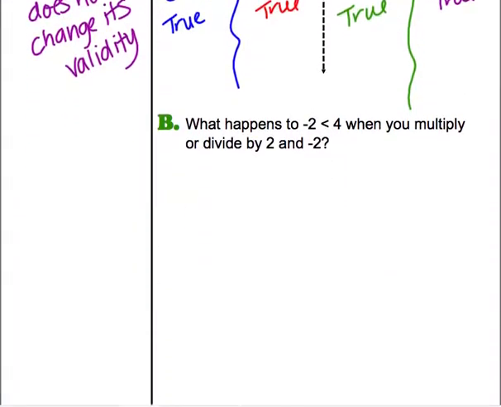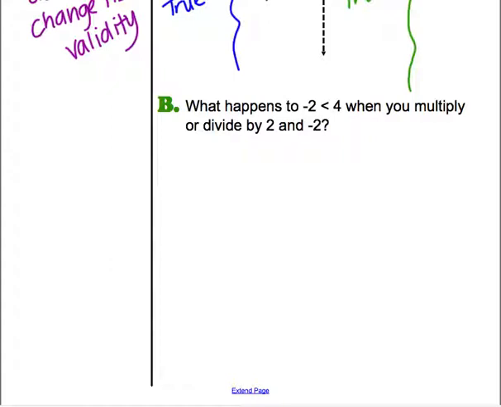Now, on the other hand, let's go ahead and take a look at this second one. Now I want to take -2 is less than 4, and I'm going to multiply and divide by 2 and -2.